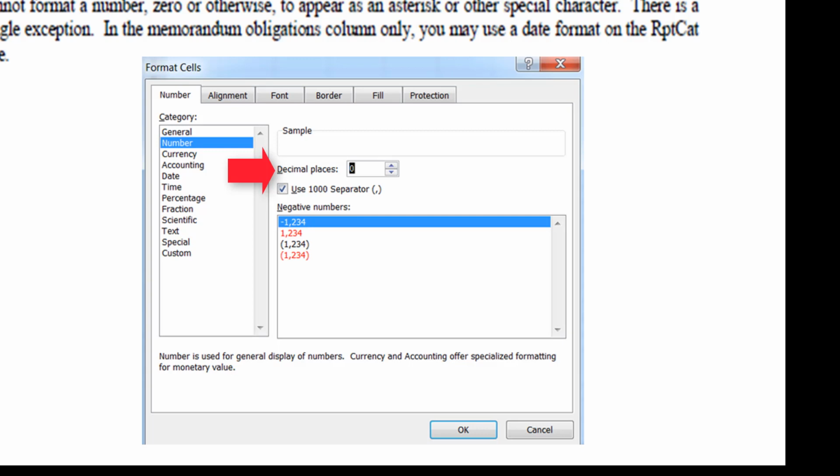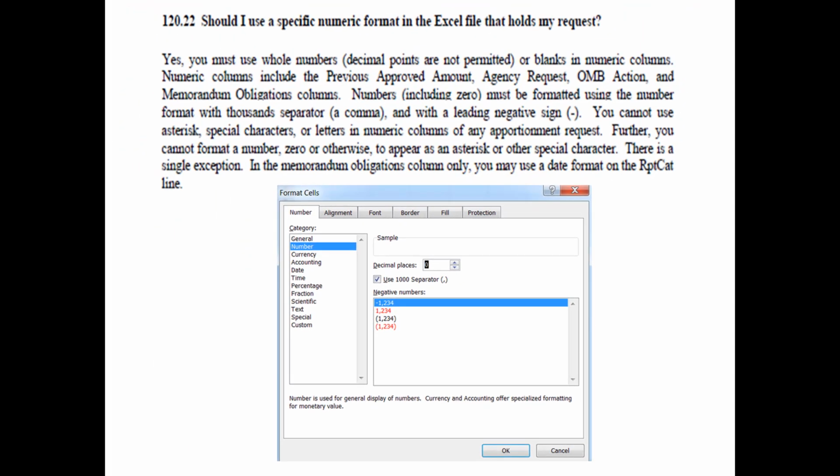Numbers must be formatted using the thousands separator and with a leading negative sign. No asterisks, special characters, or letters should be used in the numeric columns, with one exception: the date format in the memorandum obligations column on the reporting category line.